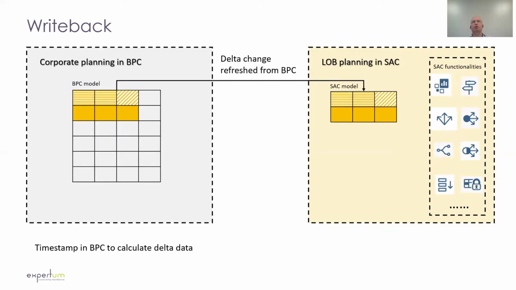Therefore, you need a delta change to refresh your SAC model from your BPC model. This is done on timestamping in the data, and it's, well, let's say it's near real time. So if you publish your data and you send it back to your BPC environment, normally it would automatically also do a delta change back to your SAC model.